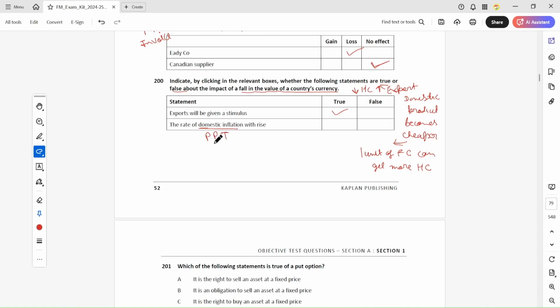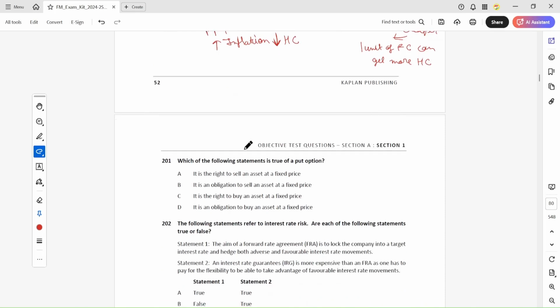What does purchasing power parity say? Purchasing power parity says an increase in inflation means the country whose currency has higher inflation, their home currency reduces or is depreciating, which means this is also true, right? Due to purchasing power parity.